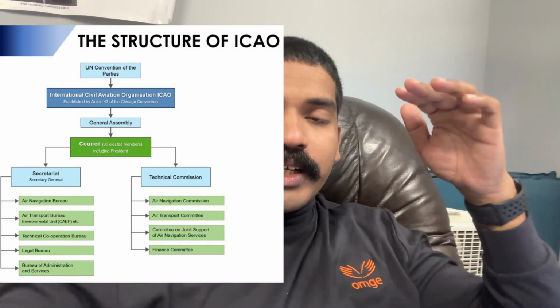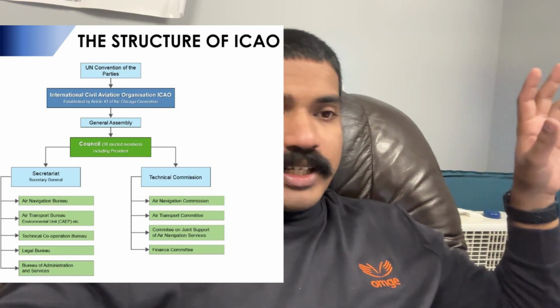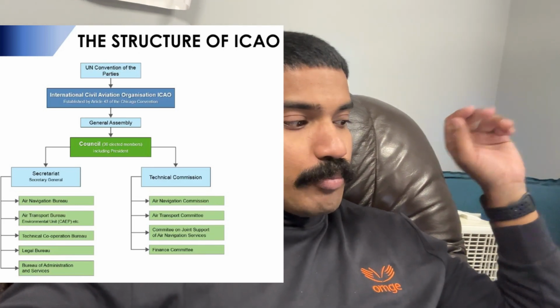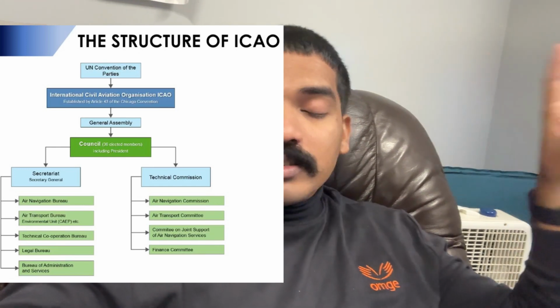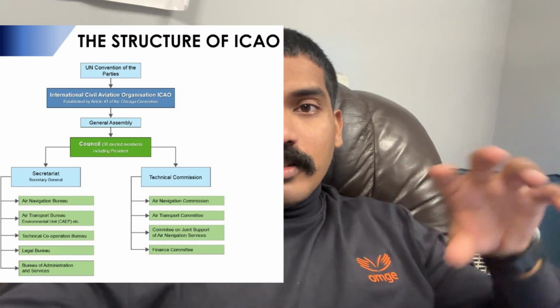So top of the line, like you can see on the chart which I've provided, is the assembly. The assembly is the highest body, and it meets not less than once in 3 years, right? So that's the assembly, and you should remember this.